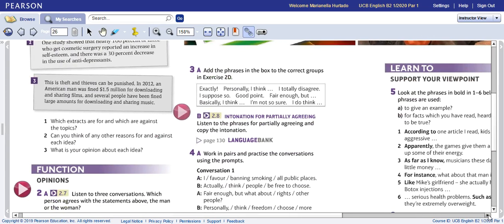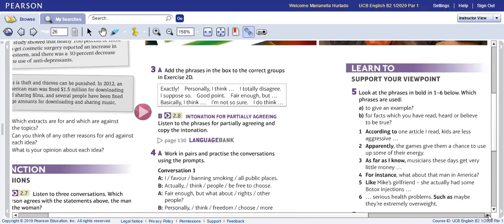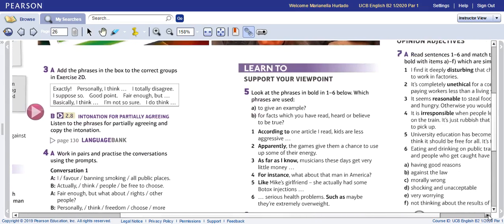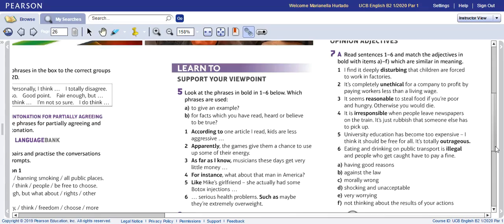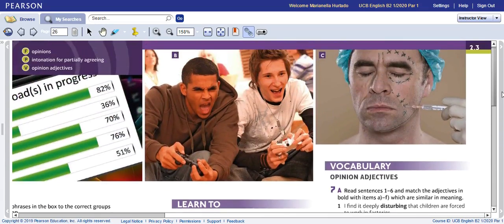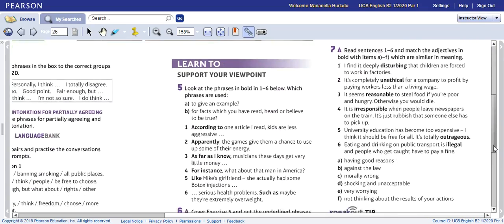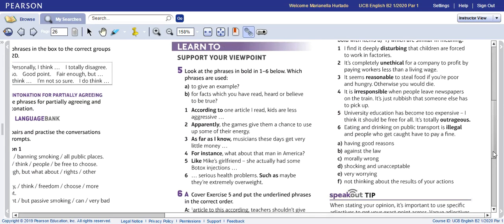Let me move this. Now this would be your second page in your textbook. And right here. Okay. It says support your viewpoint. Number 5. Look at the phrases in bold in number 1 through 6 below. So we're talking about the ones right here. Which phrases are used?